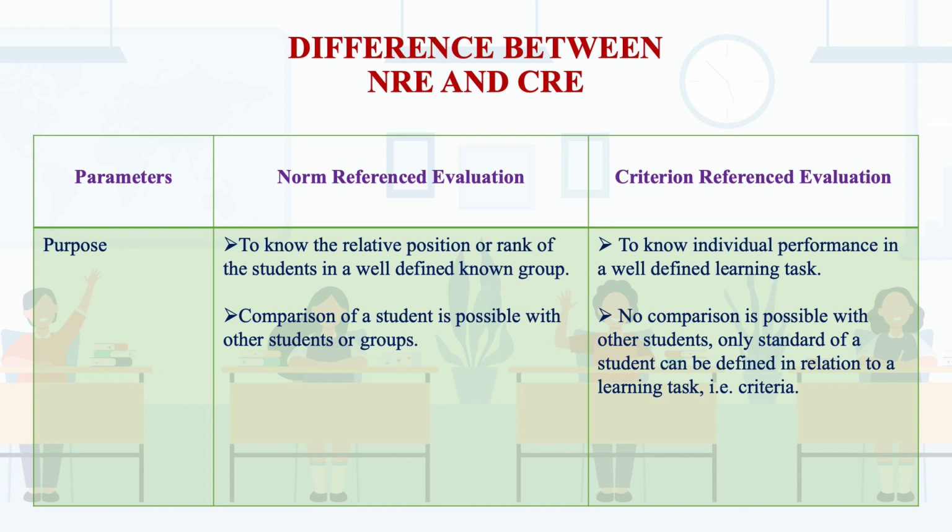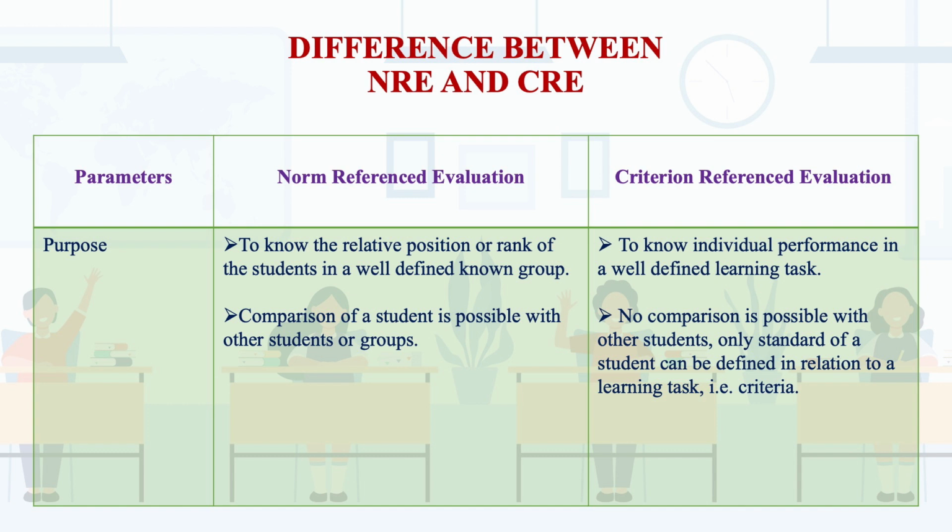Earlier we have discussed this in the concept. And further, in norm referenced evaluation, comparison of a student with other students is possible, but in criterion referenced evaluation comparison with other students is not possible, but you can describe and explain one's performance in a well-defined learning task.